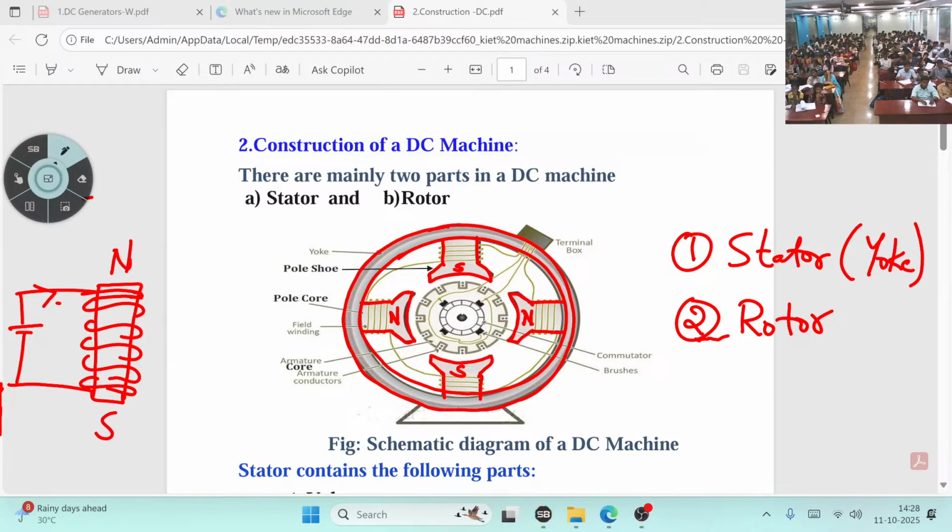Now if we wind this clockwise, it will act as the north pole. If I wind anti-clockwise, it is south; clockwise, north; anti-clockwise, south. So I wind clockwise, then anti-clockwise, then clockwise, anti-clockwise, and then bring it back.